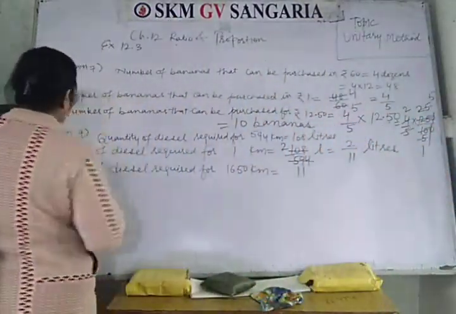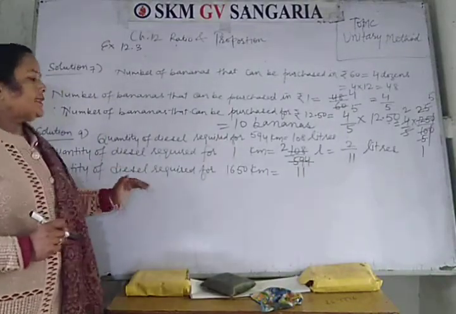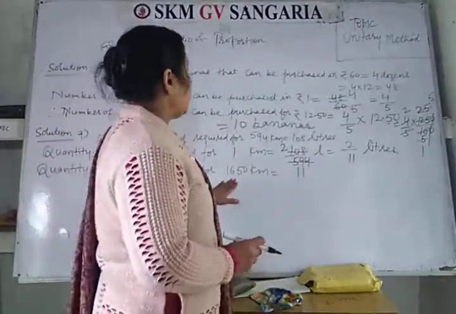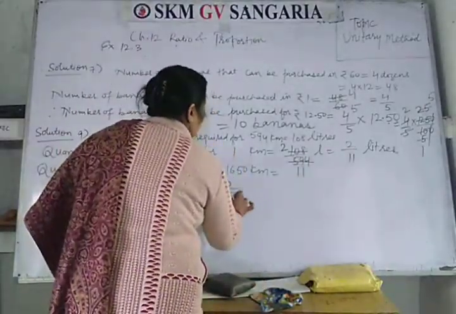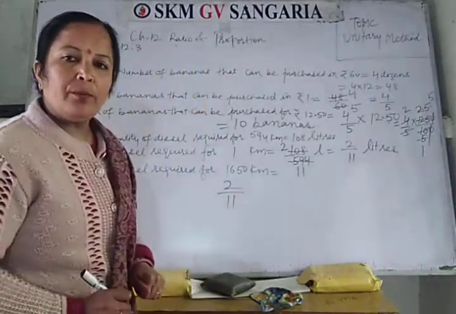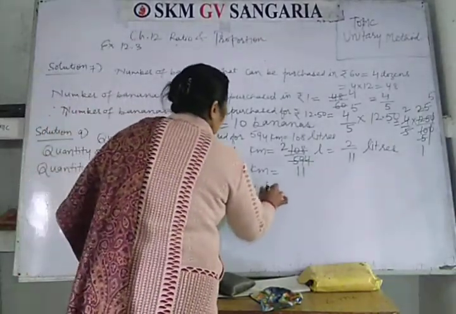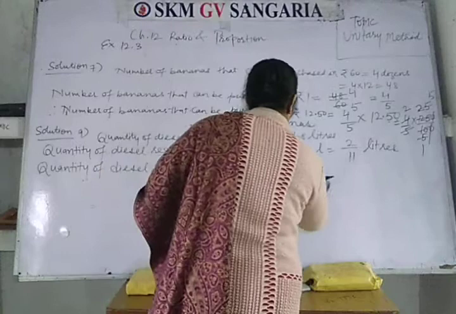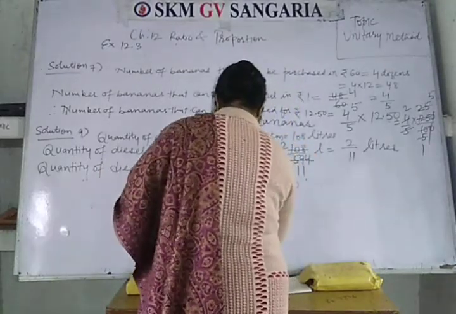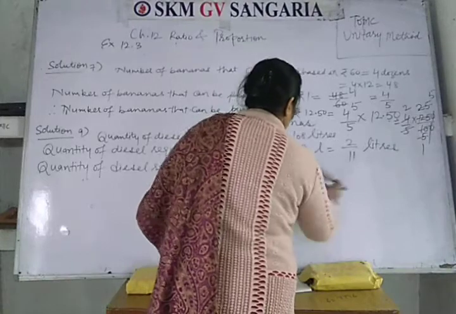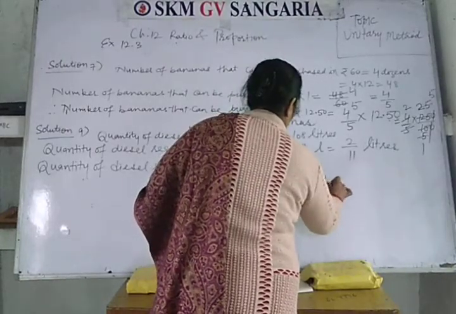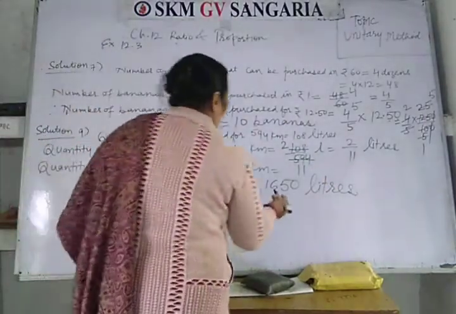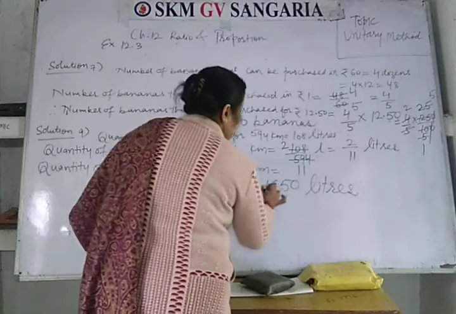Then according to the question, quantity of diesel required to cover 1650 kilometers is equal to, for 1 kilometer, quantity of diesel required 2 upon 11, and to cover 1650 kilometers, the quantity of diesel will be in liters. Then you can use the table of 11. 11 ones are 11.